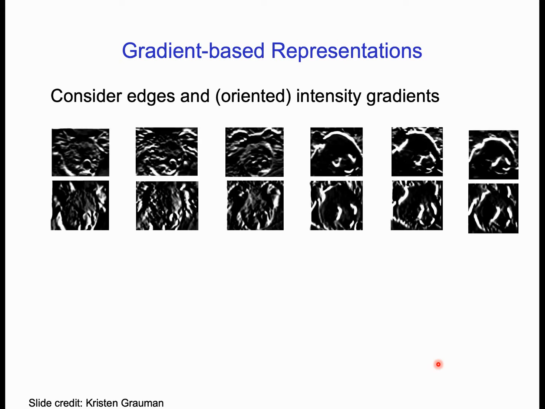Specifically, we can consider the edges, and we can look at the orientation characteristics of the intensity gradients. And I'd like to remind you that when we discussed feature extraction 2 weeks before, we also talked about the gradient-based representation being extremely robust, and we've seen that it's been used in the most popular or most useful feature extractors like SIFT or SURF.